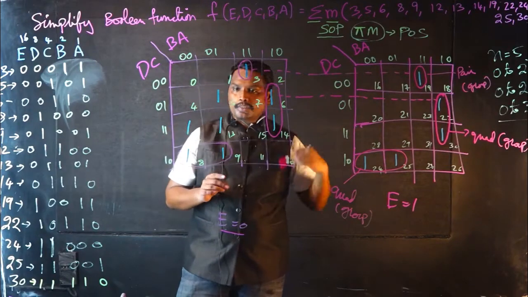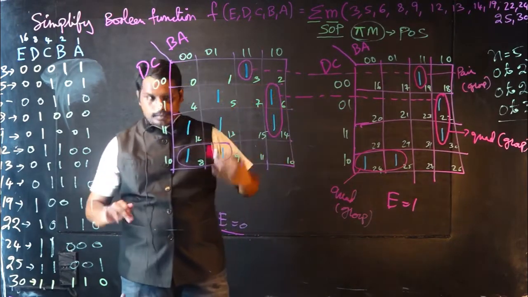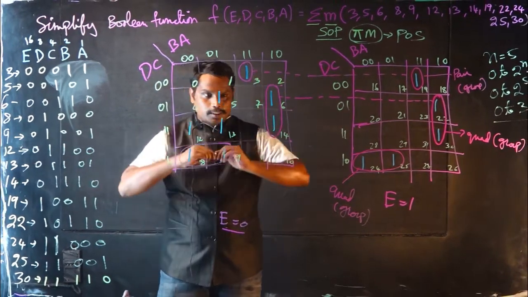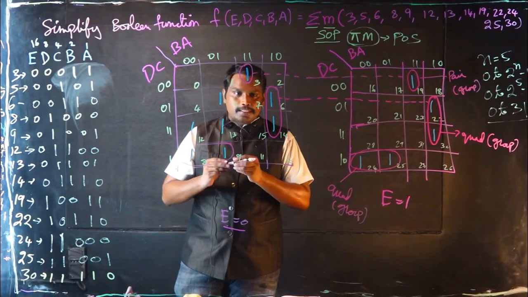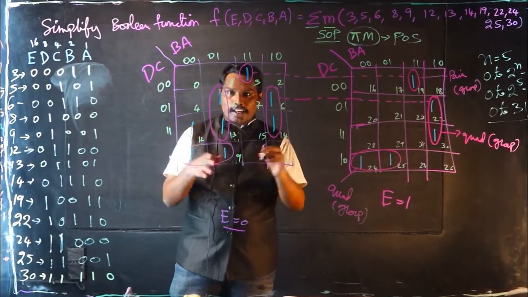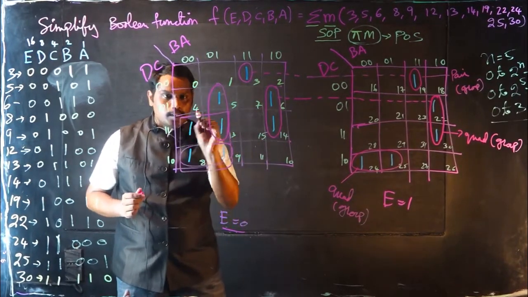Now coming to the next one, you can see this is completed. Here these ones are there. You can make this a group only in the E equal to 0 Karnaugh map, and this can be made a quad.